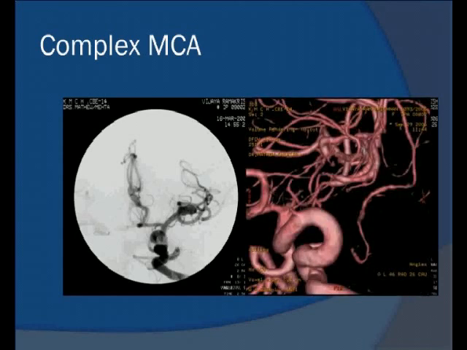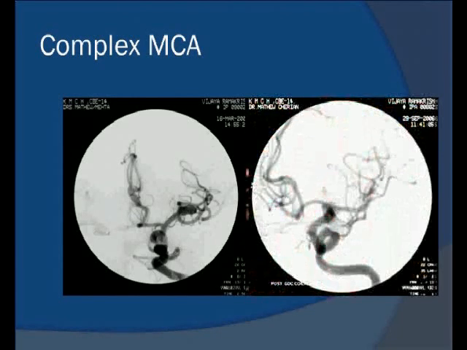And this is the follow-up angiogram done after 6 months, showing no evidence of recanalization at all, with normal preservation of all the vessels. This is the same picture, the 6 months follow-up, showing us no recanalization and preservation of the vessels.